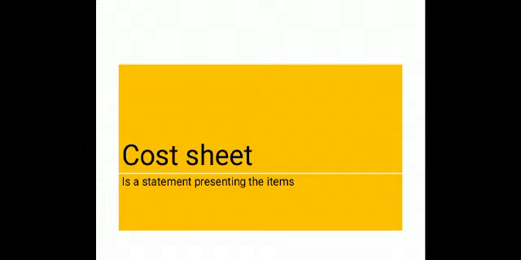What is the purpose of preparing this cost sheet? It gives the breakup figures of the total cost under different elements, and also it gives total cost as well as cost per unit, and it helps in fixing the selling prices.